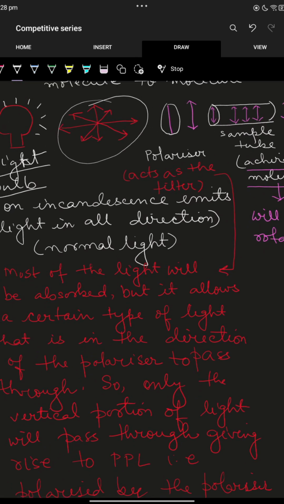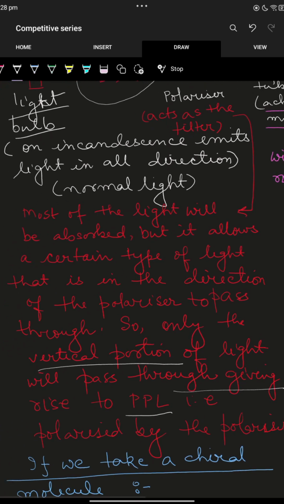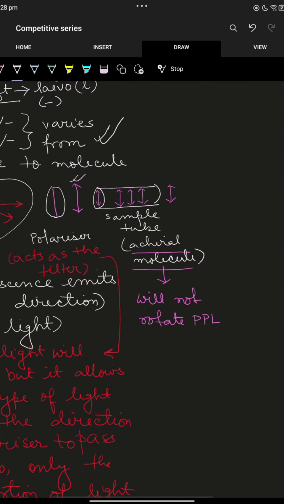It allows only a certain type of light, in the direction of the polarizer, to pass through. So only the vertical portion of light will pass through here, giving rise to the plane polarized light. That is polarized by the polarizer, so it is known as plane polarized light.